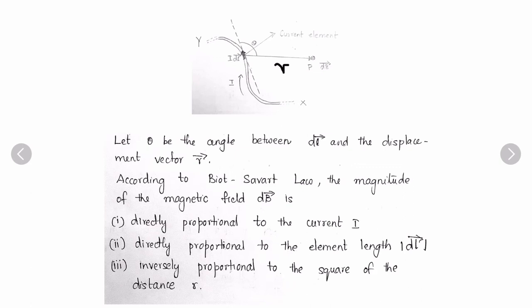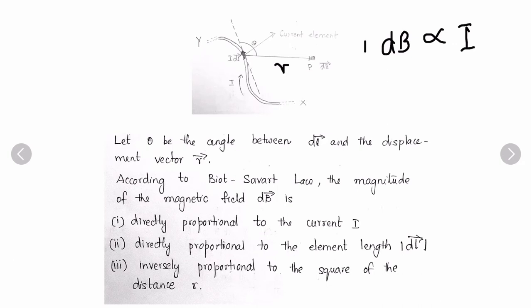Now, according to the Biot-Savart Law, the magnitude of the magnetic field dB depends on three things. First, dB is directly proportional to the current I. That is, if the amount of current is more, then the magnetic field is also more.